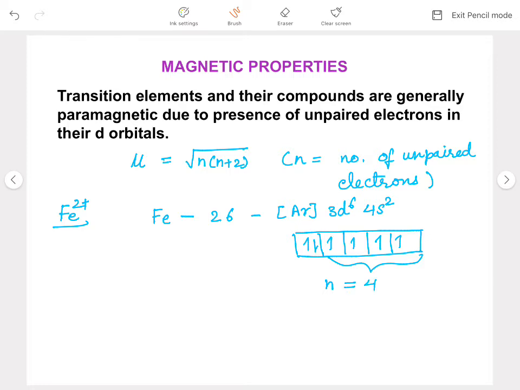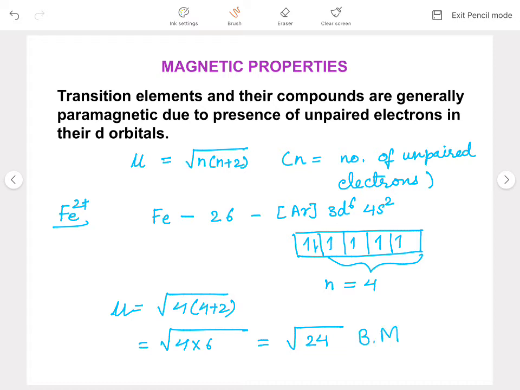Now putting this value of n in the spin only formula, we have mu is equal to under root 4 into 4 plus 2, that is equal to under root 4 into 6, that is equal to under root 24, and the unit for it is BM, that is Bohr magneton.